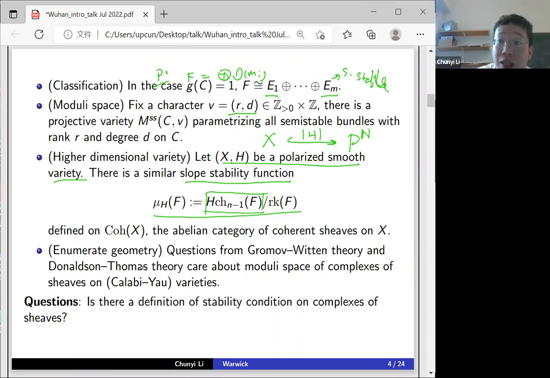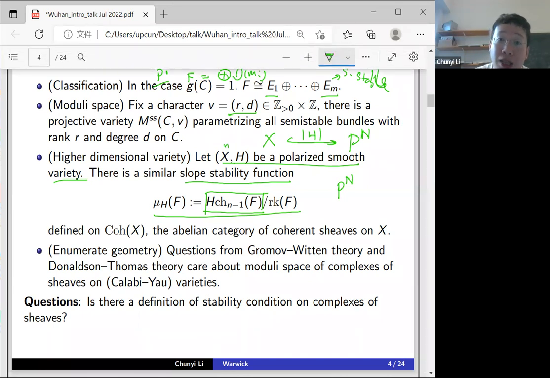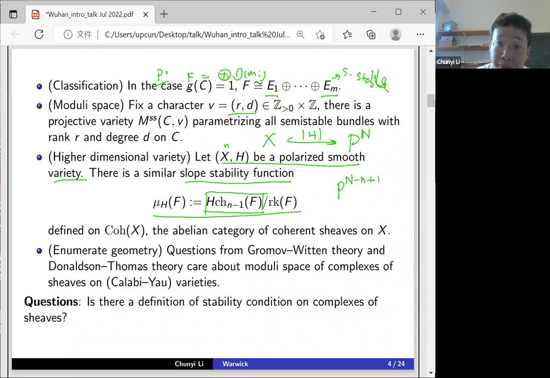If you haven't seen this notation before, it roughly means you take a generic subspace of the correct dimension, with n the dimension of X, of dimension p minus n plus 1, and take the intersection of these two. You get a curve.